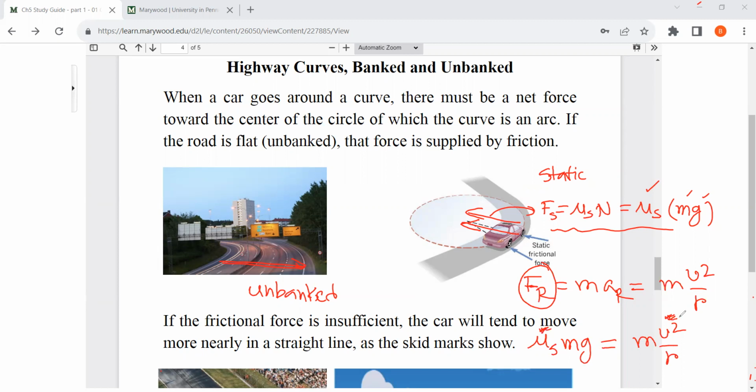needs to be less. That's why we need to drive slowly on a rainy day or a snowy day. You see that there is a relation between the coefficient of static friction force and the velocity, I mean the magnitude of the velocity, or the speed.